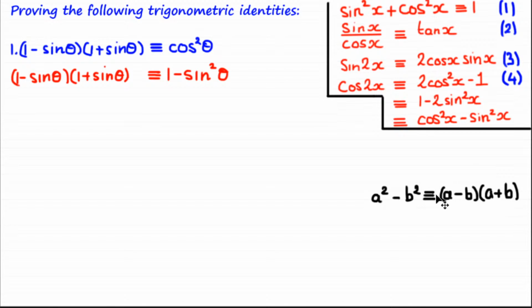We'll talk about conjugate pairs a bit further on. It provides a really quick way to multiply out brackets that are conjugate, using this definition from right to left in this case. Then you should hopefully see that this is equal to 1 minus sine squared theta using equation 1. And our answer is cos squared theta.